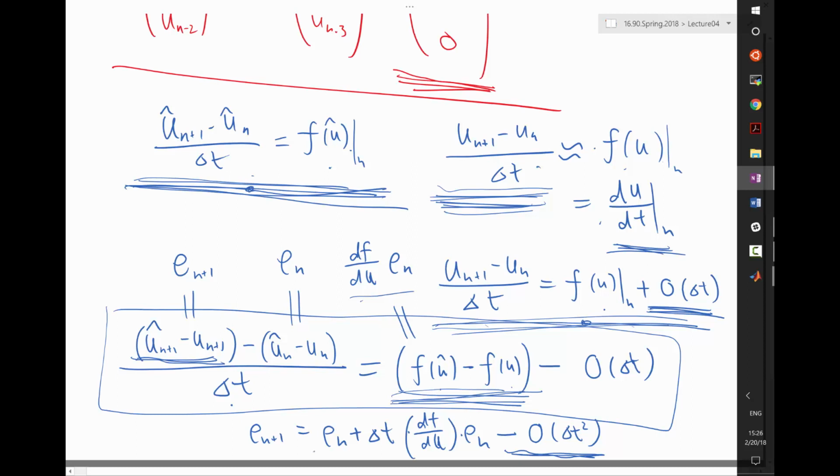I also carried over whatever error I have in my previous time step. And then I have an additional term that comes from the equation itself, that comes from df/du. That's how much the stability of the differential equation itself is contributing to this equation.